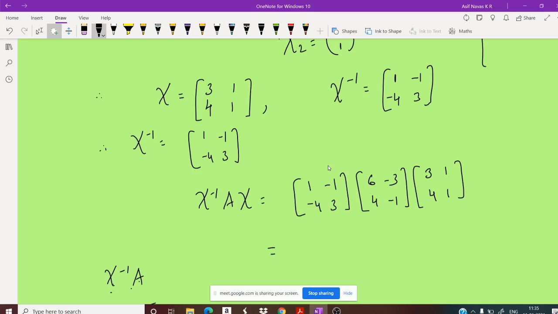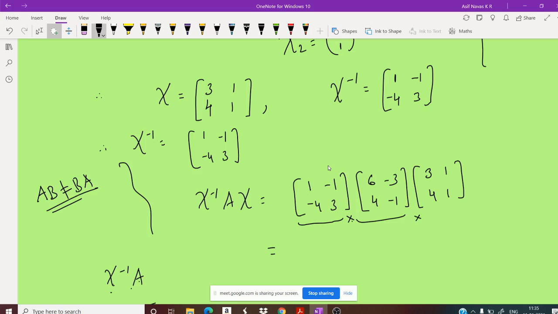The important thing is you must remember matrix multiplication is not commutative. That means you cannot do this. That means A into B may not be equal to B into A. So while multiplying, you must multiply this into this, in this order only. Then the answer you write here and then multiply with this.